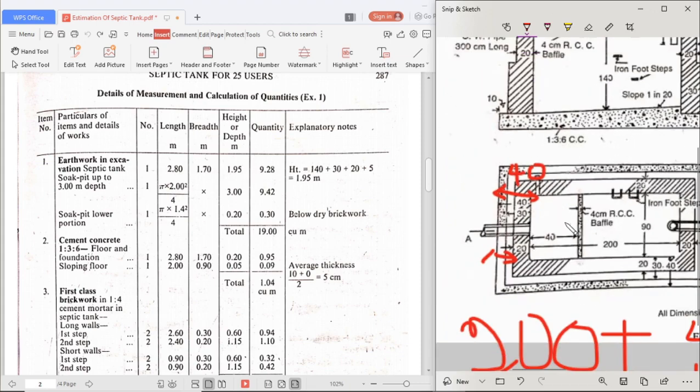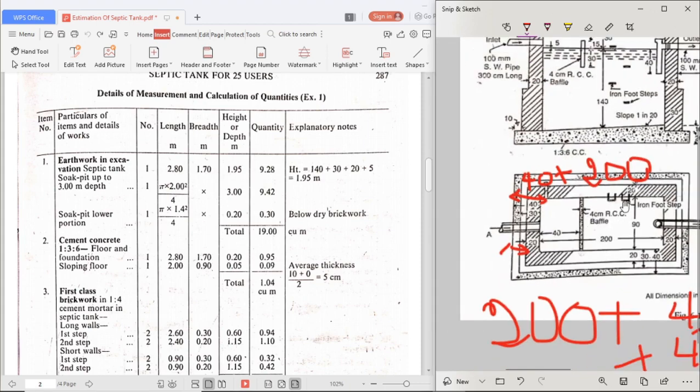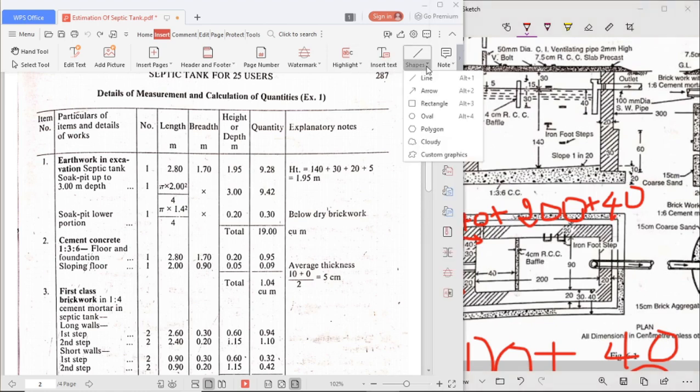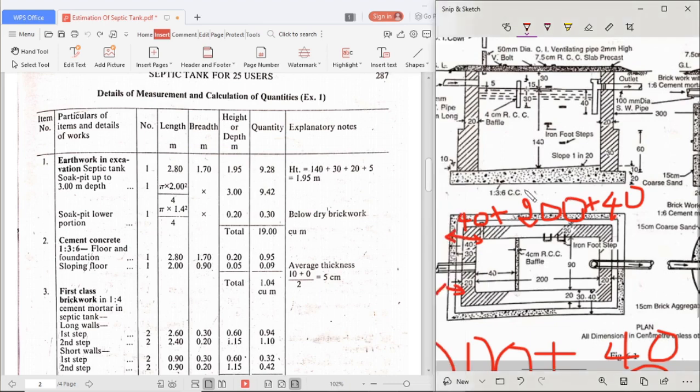Therefore 200 plus 40 plus 40, we will get 280. This one is the quantity. So 280 is the length.